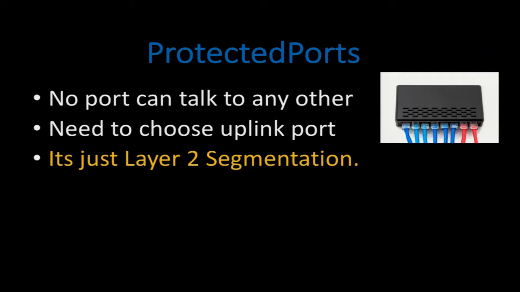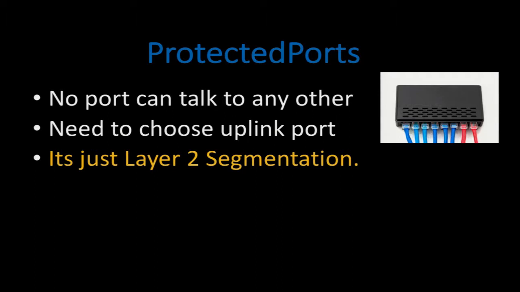Protected ports is essentially what private VLANs are. Basically, if you have a switch and you plug your clients in there, none of the clients will be able to talk to any of the other clients, or essentially no port will be able to talk to any other port except for the upstream port. Your upstream port basically goes into your router or firewall, because they're essentially the same thing most of the time.